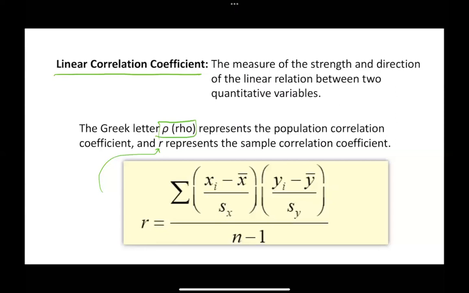We always use the sample correlation coefficient, because if we're studying the entire population, we don't need to look for a lot of things since we have the whole population. I will either say correlation coefficient or R value, and I think OpenMath does both also. Right, moving on. But don't try to calculate that. Please don't. I mean, you can, but just don't. Trust me, it's a pain in the rear.